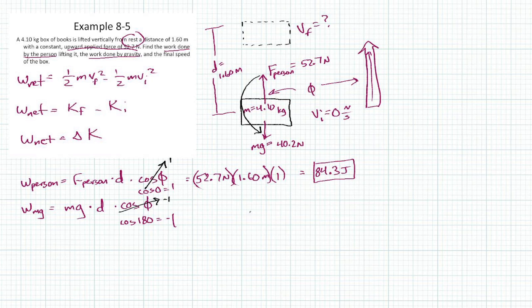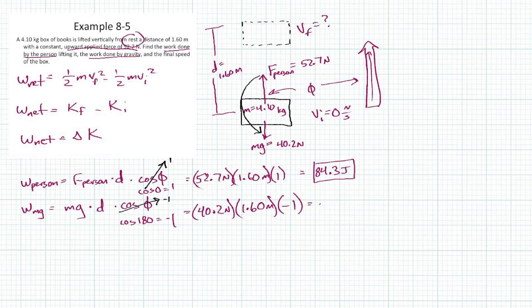So let's write this out. What's the weight force? That's 40.2 newtons, times 1.6 meters, times the angle that it differs from the actual displacement. Well, it differs by a whole 180 degrees, so it's going to be times -1, that we multiply our weight force times displacement to get our weight work.